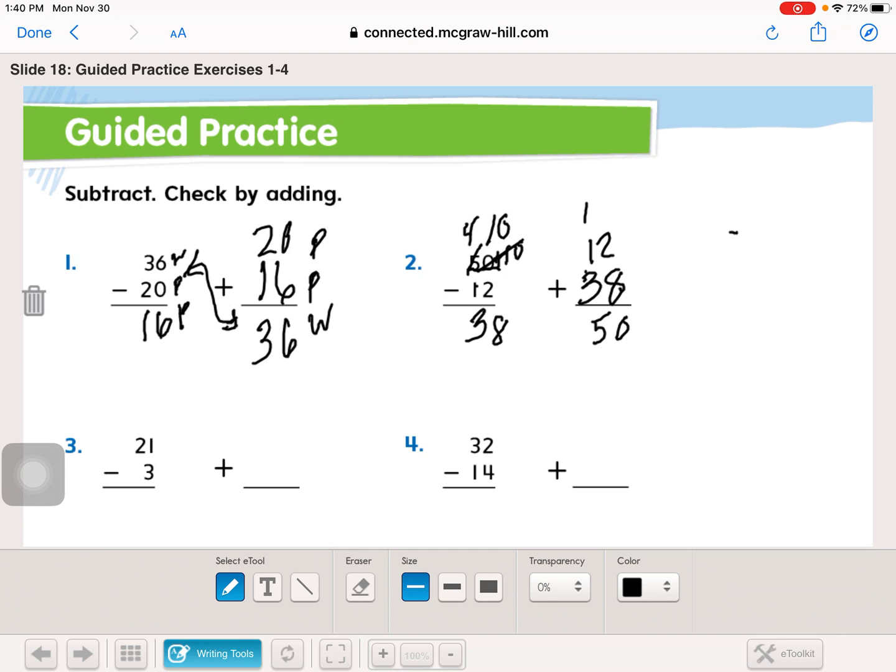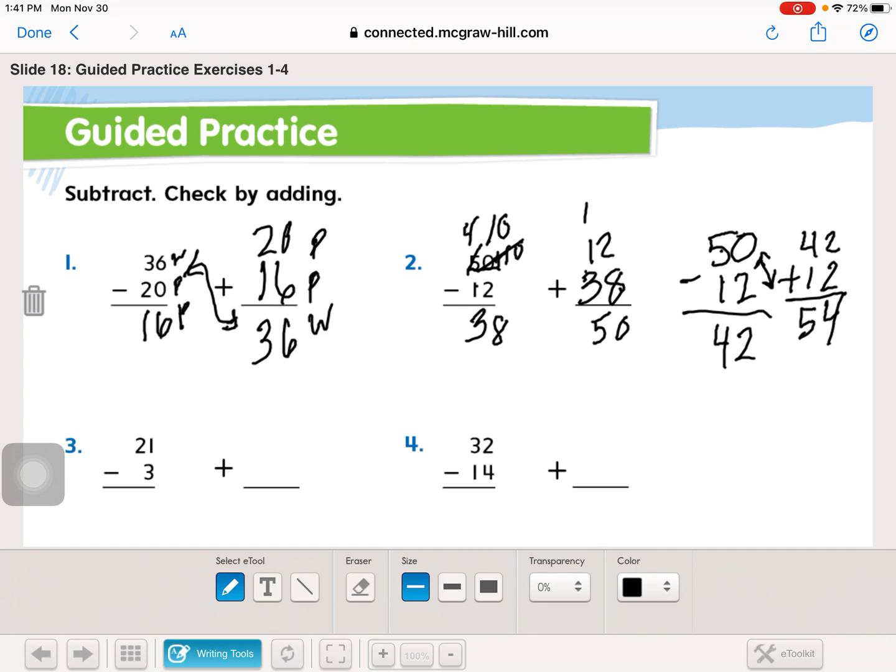50, which is correct. So if you would have, on this one, made that common mistake of 0 minus 2 is 2, and 5 minus 1 is 4, and you would have gotten 42 instead of 38, then when you add these together, 42 plus 12, you would have ended up with 54, when really we needed 50, right?